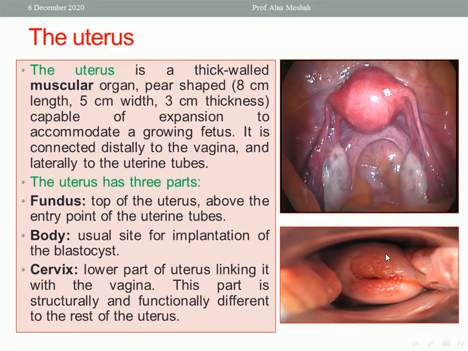This is a portion of the cervix, the lower part of the uterus, linking it with the vagina, and the external os connected to the vagina. This part is structurally and functionally different from the rest of the uterus. Okay, you should know about this.